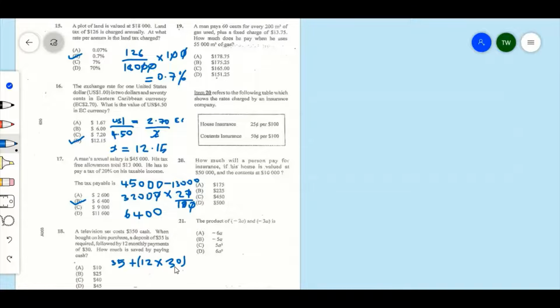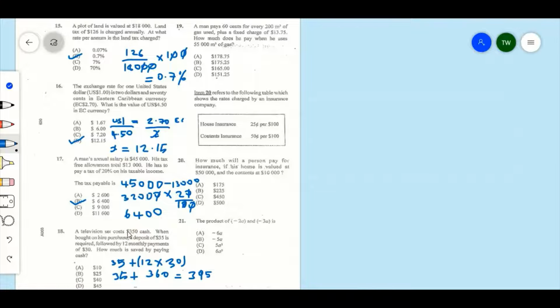So 12 times 30, that's going to be 360, plus the $35 here. And 35 plus 360 is going to give us a final price of $395.